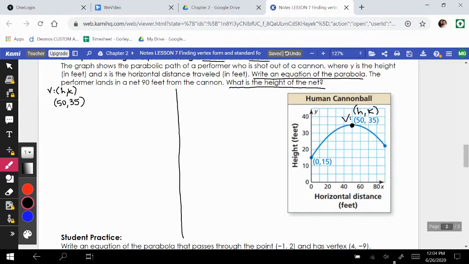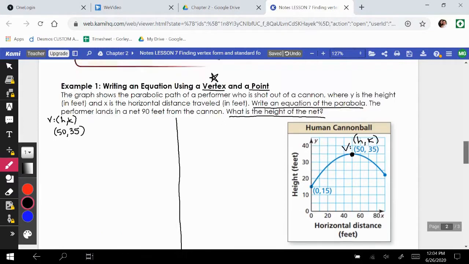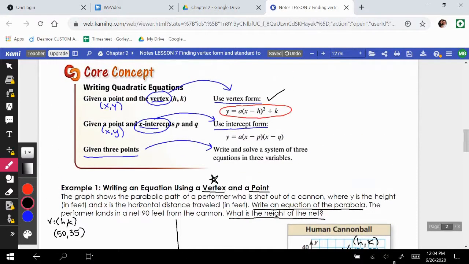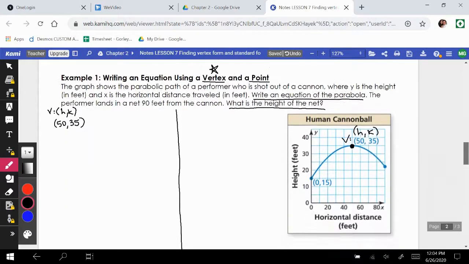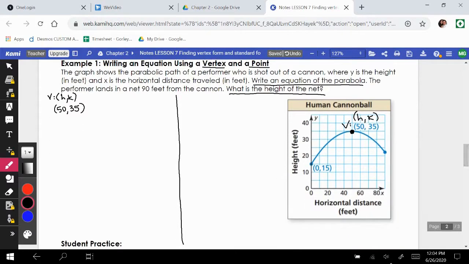Okay. In order to use vertex form, I not only need the vertex, but I also need a given point. So what's a point that we could use? Let's use 0, 15 as a point, xy. Okay.